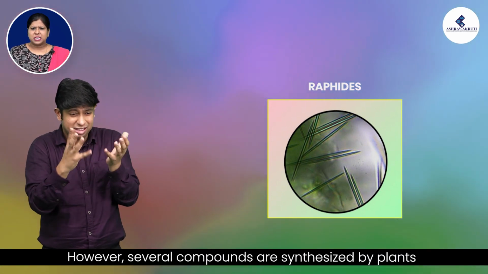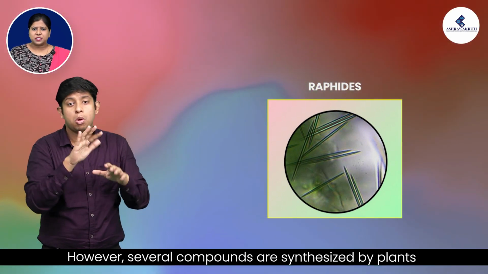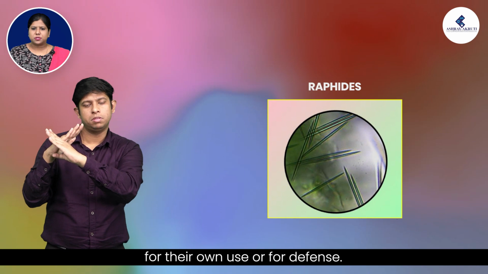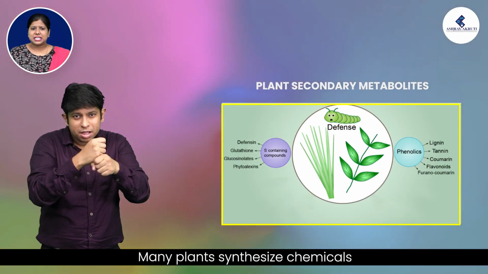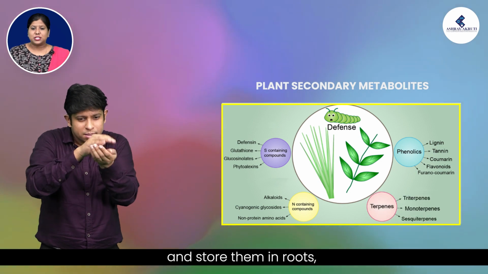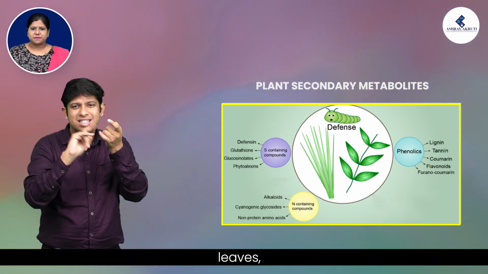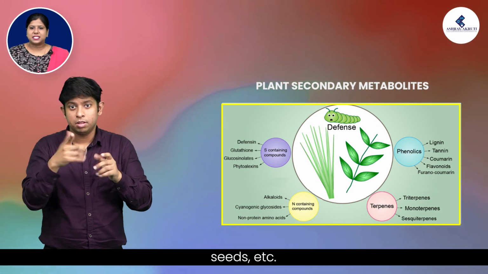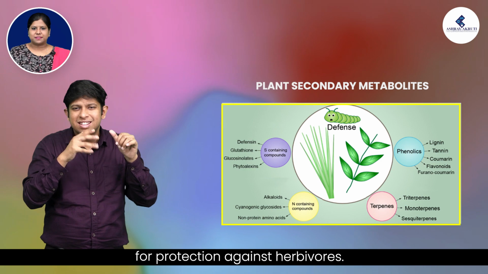However, several compounds are synthesized by plants for their own use or for defense. Many plants synthesize chemicals and store them in roots, leaves, seeds, etc. for protection against herbivores.